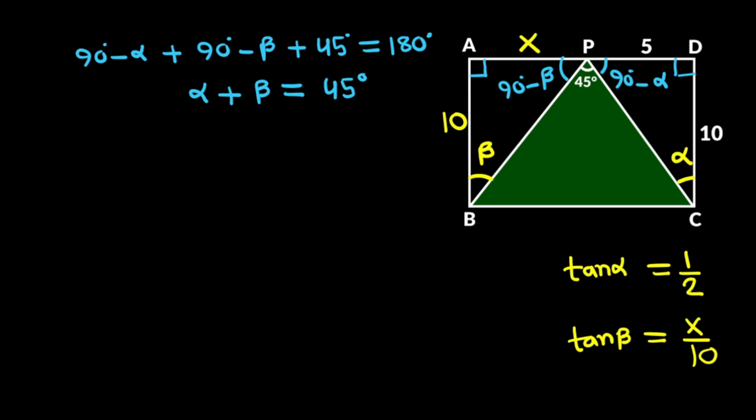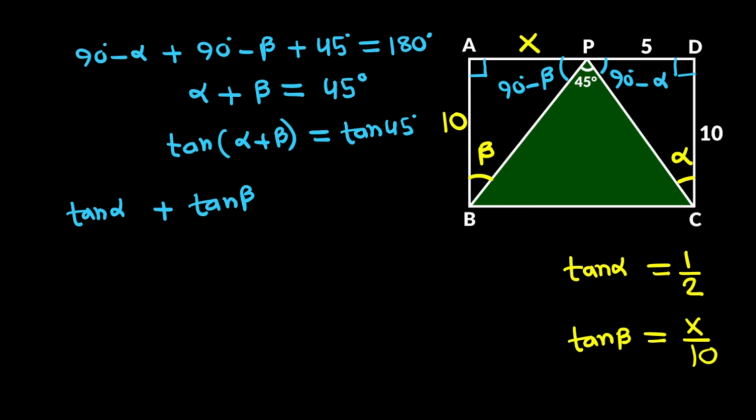Now take tangent on both sides. Tan of alpha plus beta equals tan 45. And tan 45 is just 1. Now, use the tangent addition formula. Tan alpha plus tan beta divided by 1 minus tan alpha times tan beta equals 1.